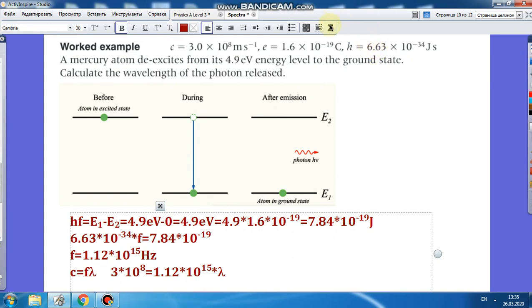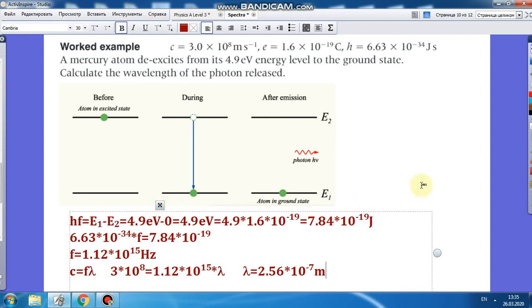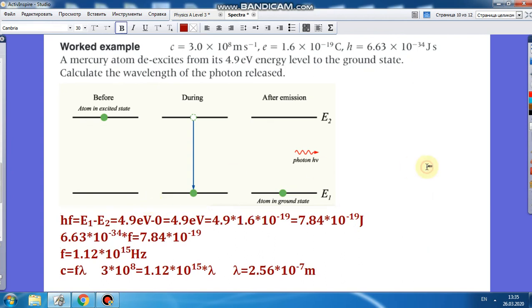From here, lambda is equal to 2.56 times 10 to minus 7 meter. So this is our answer: the wavelength of the photon released. So this is the end of the lesson.